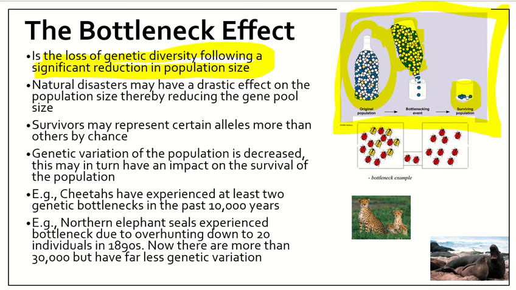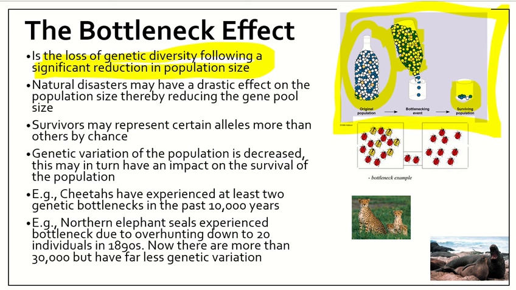Cheetahs is huge because of hunting. Northern seals. Humans are a big factor in the bottleneck effect. The more species that we kill off and see a rapid decline in a specific population, we are taking away their genetic variability and their adaptations to be able to survive a change in their environment or a different selective pressure.